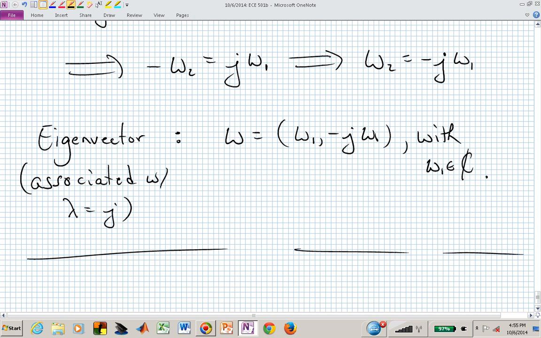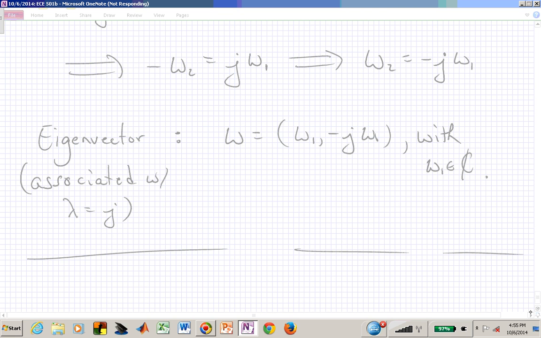Meaning if we pick w1 to be 1, then the second coordinate would just be minus j for an eigenvalue of positive j. What about the other eigenvalue and its associated eigenvector?